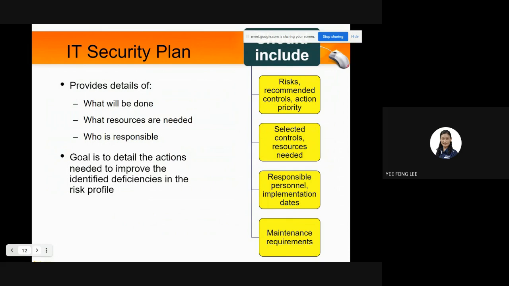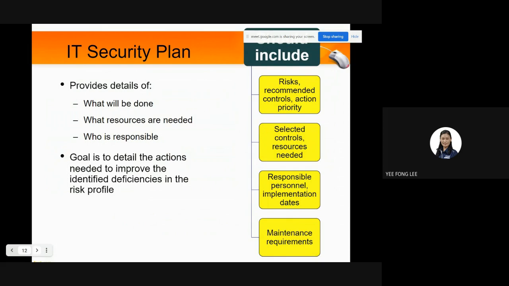Also include the responsible personnel. They need to set the dates for when they want to start the implementation and when they want to end it. As well, they need to record maintenance requirements and other comments in the reports.